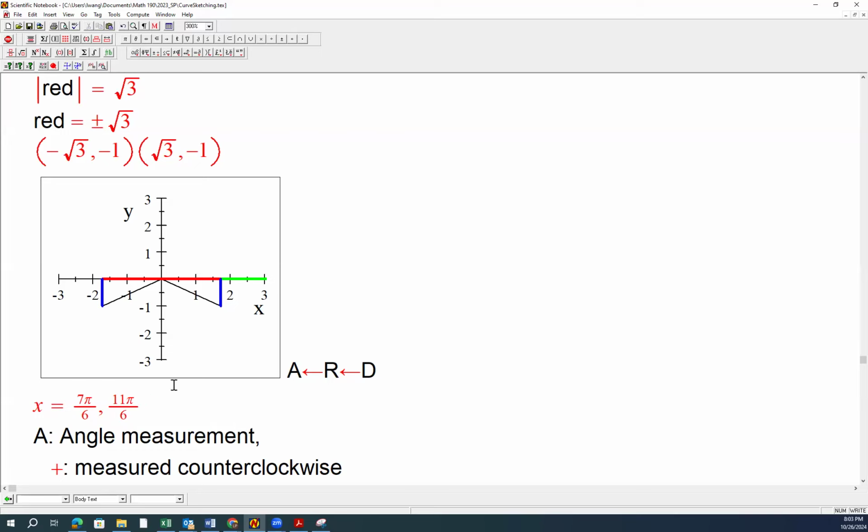And how about 7 pi over 6? 7 pi over 6 is basically starting measure from here. That's a pi plus pi over 6, right? Got it? If that confuses you, this is 2 pi minus pi over 6.